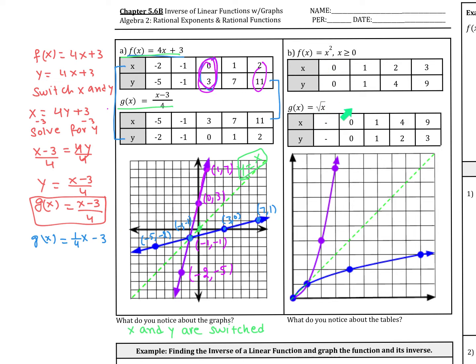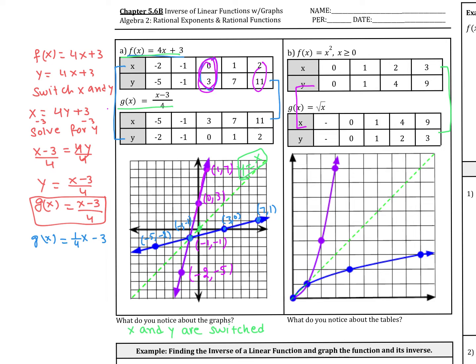We did this question in the past lesson: switch x and y and solve for y. Same thing with the points: x becomes y, and y becomes x.